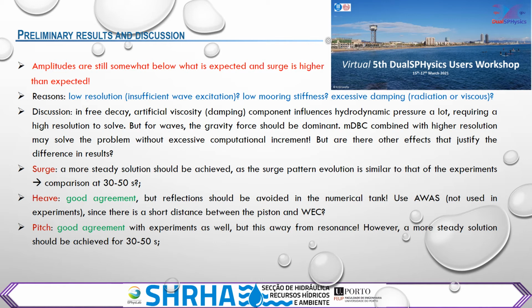You can argue that it's due to low resolution, you can say it's mooring stiffness that's incorrect, you can say that DualSPHysics is introducing excessive damping into the problem, and you can argue that this can be solved through the introduction of dynamic boundary conditions combined with an even higher resolution, something more thorough, more meticulous, to try to solve the problem, but this is going to be computationally expensive. Like I said, we had good results actually, especially for even pitch. There's good agreement, but for sure there's some differences, as you'll see in the next slide.